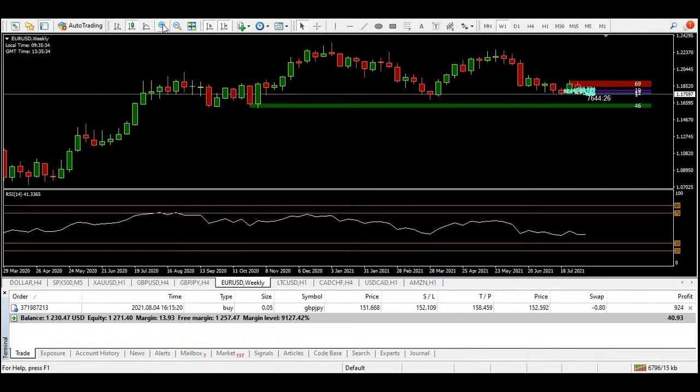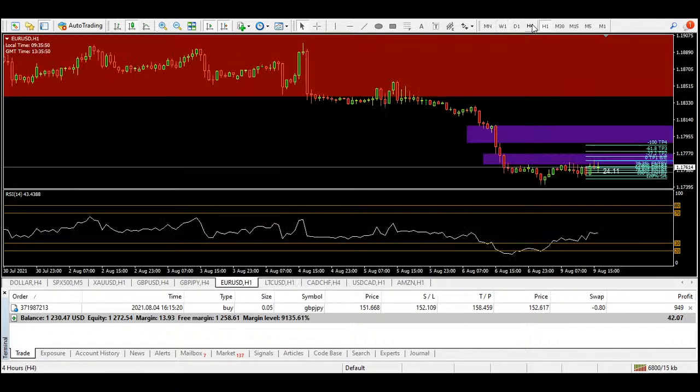Technically, my bias for it was that we have some candle imbalances that need to be filled.